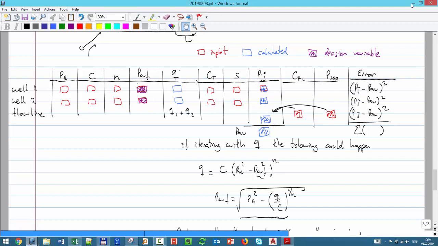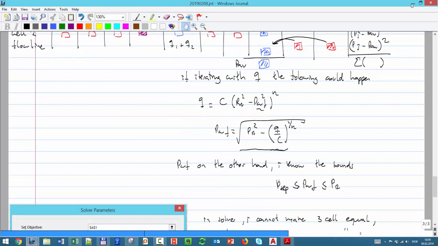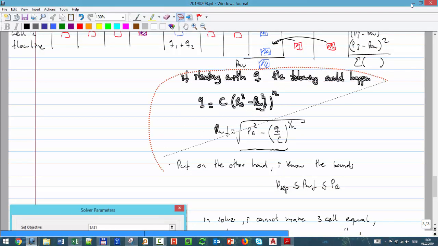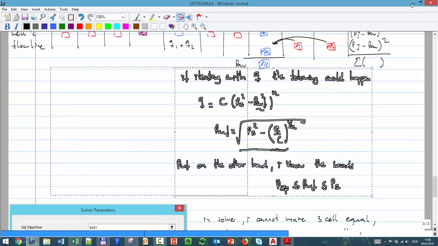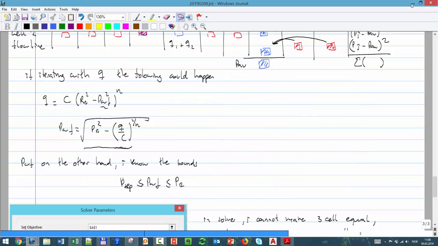And now this I can use in Solver. I use this as my objective function.